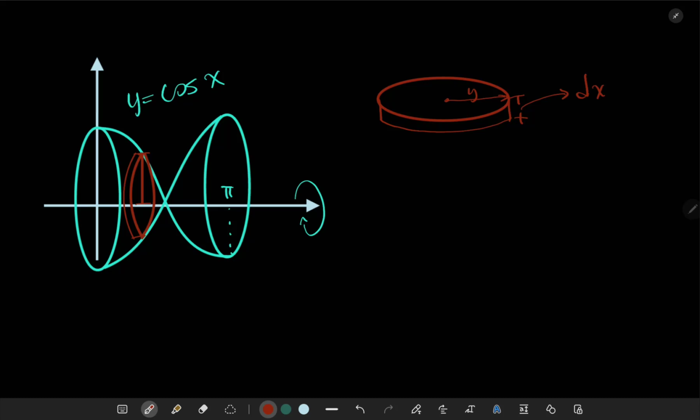That's going to be y, the y coordinate. And the area, let me change color because that's hard to see, is going to be given by pi r squared, which is pi y squared, which in this case is going to be pi cosine squared of x.